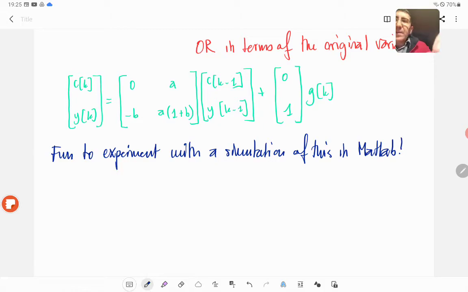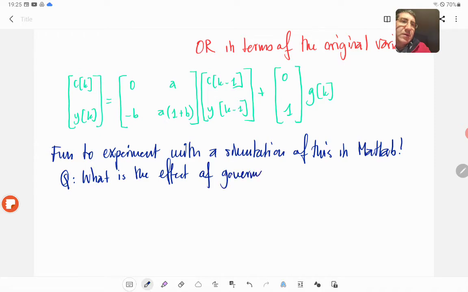Let's say somebody asks, what is the effect of government increasing spending by, let's say, a unity amount?